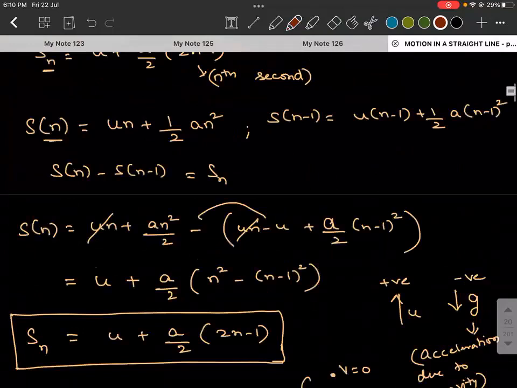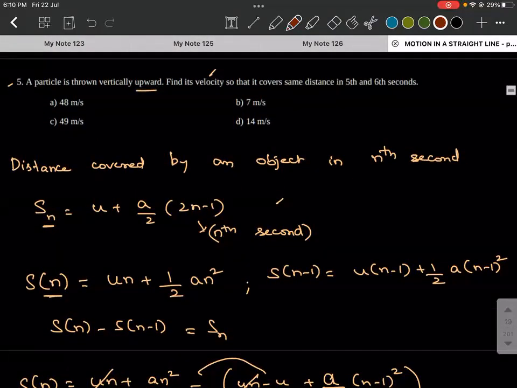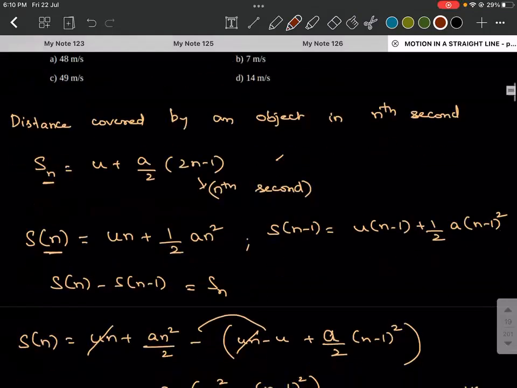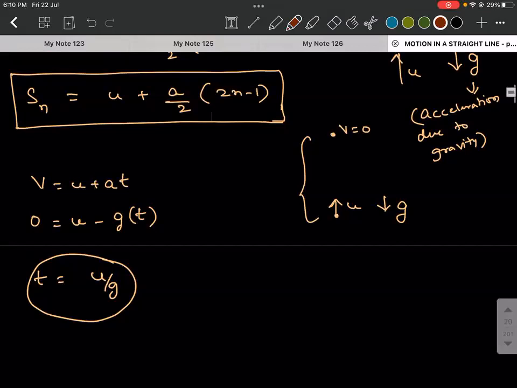But the logic here is, thrown vertically upward, find its velocity so that it covers the same distance. Makes sense. Because u is getting cancelled.